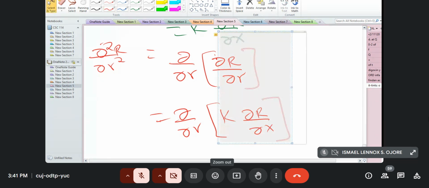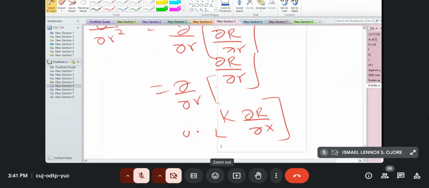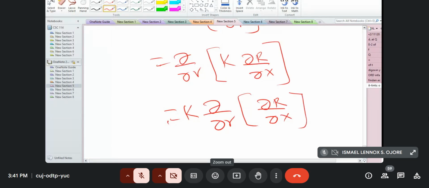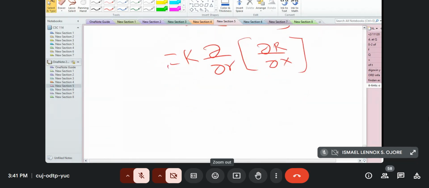So we want partial r of K times partial R, partial x. Clearly K is a constant. Factor out the constant, then take partial r of partial R, partial x. If we were to expand, then we will get partial squared capital R, partial x.